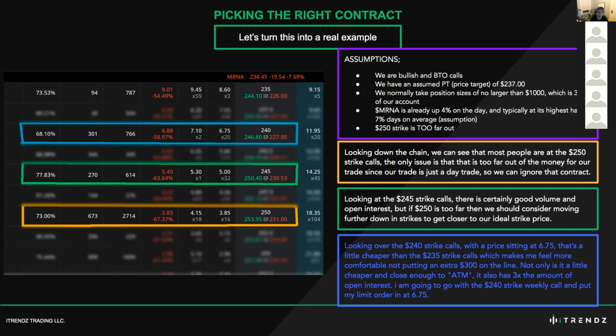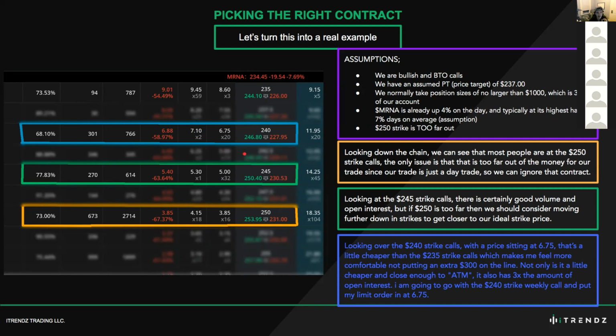Personally, if I had a $5,000 account and I was looking at this exact trade, the whole setup and everything was the same, 237 was the price target. It's already moved 4% on the day, et cetera, et cetera. We're buying to open calls, bullish standpoint. The 250s are too far out of the money. 235s too rich for my blood. I personally would not want to be in these at $7 because that's like 12% of my account.